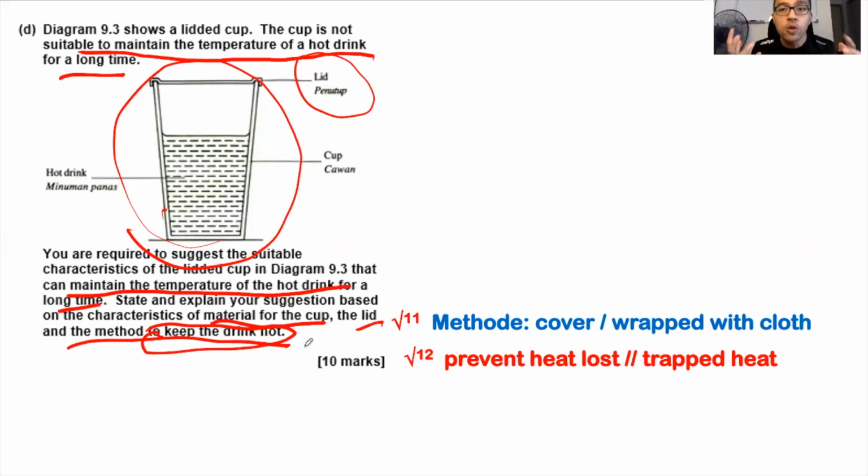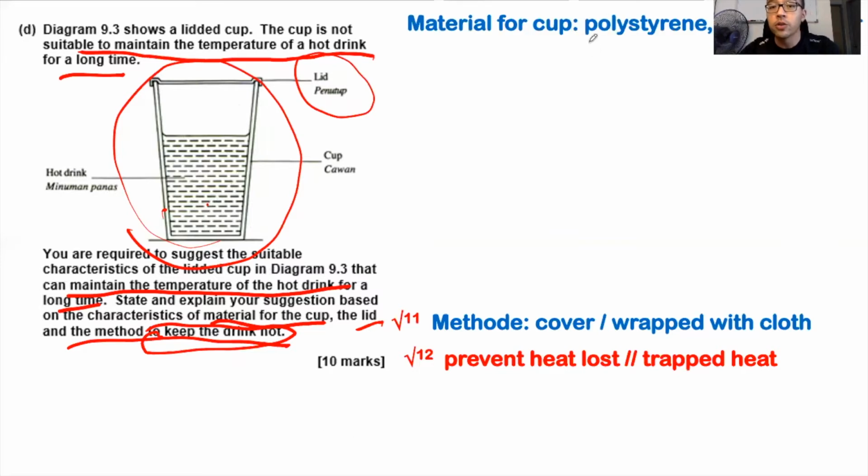So you want to choose things that have big heat capacity, so that the water in the cup can remain hot for a longer time. So the first method will be to use a polystyrene material, or to use anything that is a heat insulator. Because what is heat insulator? Heat insulator is anything that is a very poor conductor of heat.